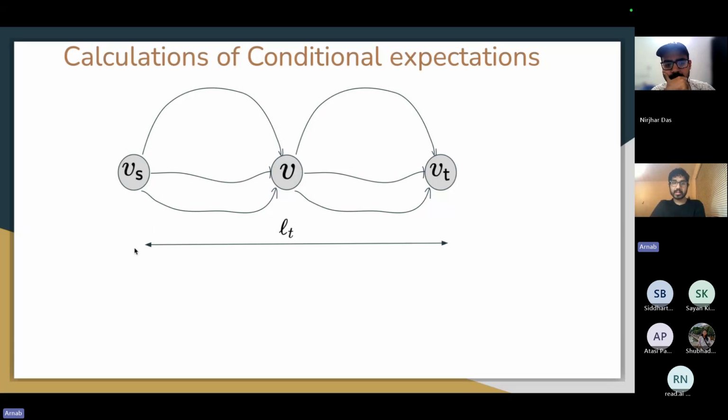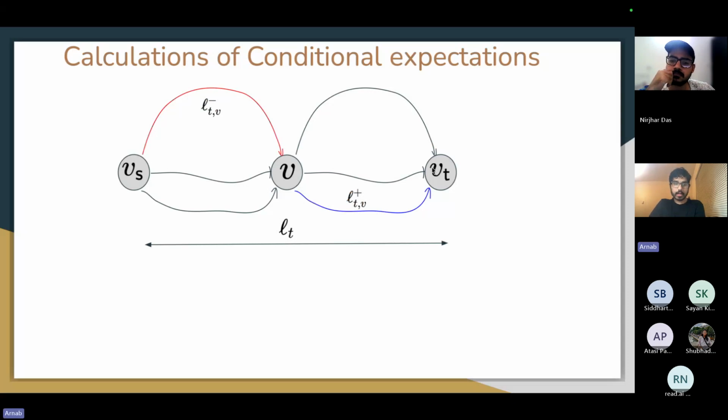If the total loss of the path from source to sink is LT, how does it decompose? You can decompose the path into two parts: one from source to V, and then from V to sink.